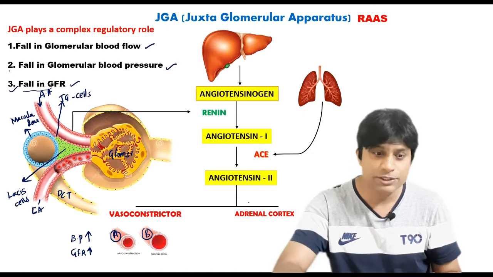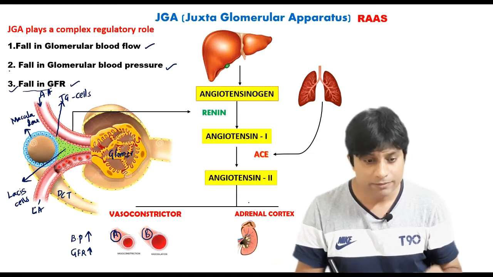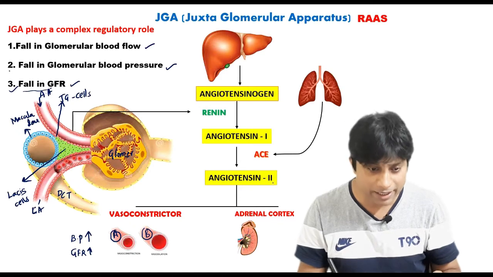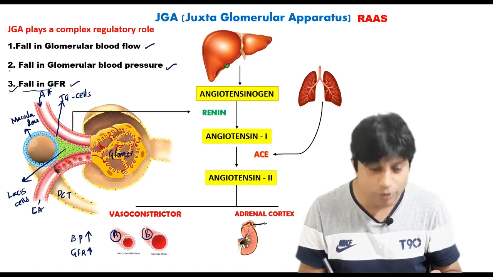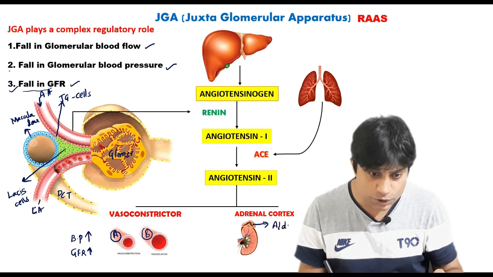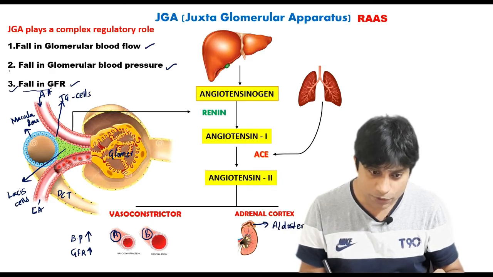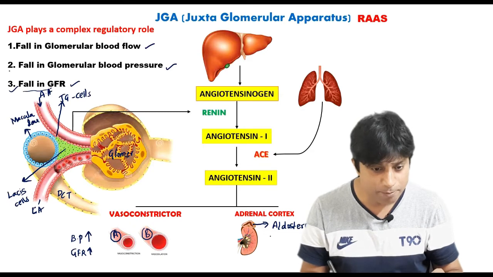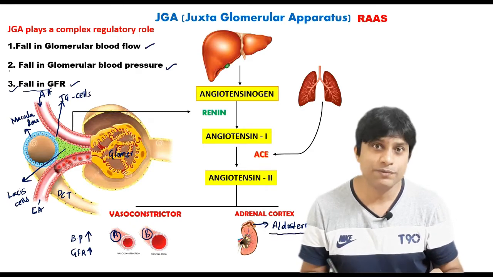Next, the adrenal cortex. The cortex of the adrenal gland secretes a mineralocorticoid known as aldosterone. So aldosterone also plays a major role in this process.